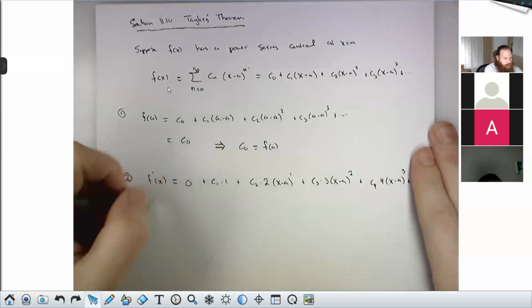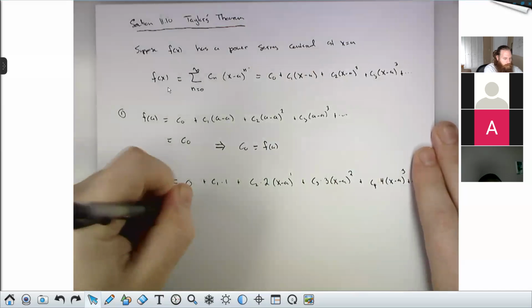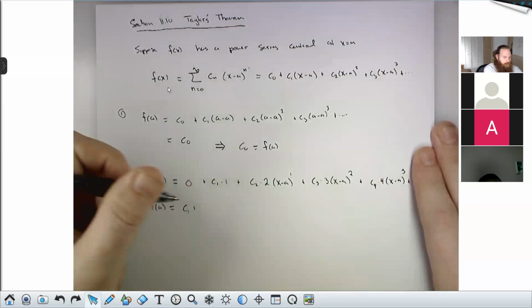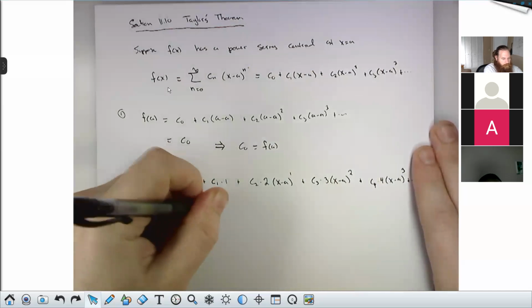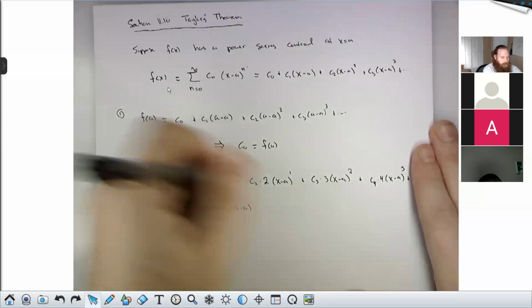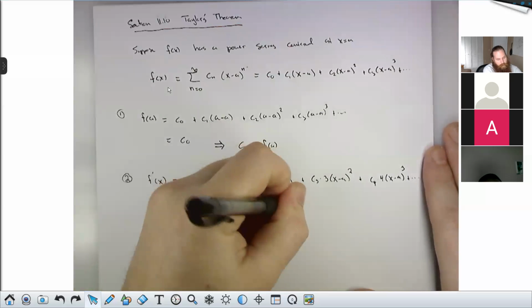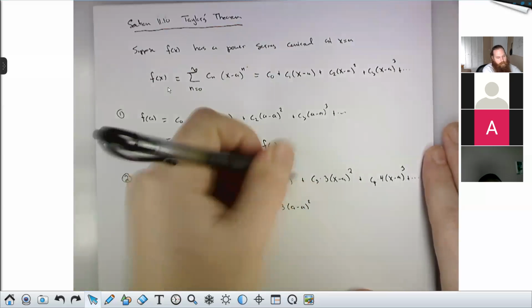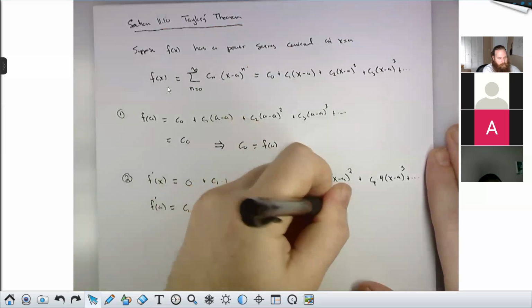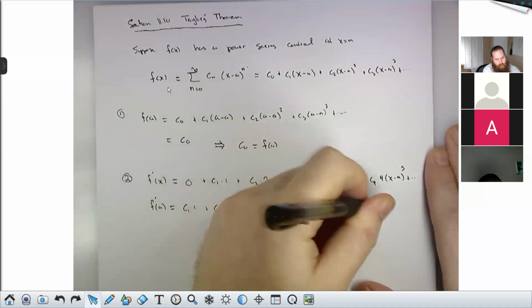And now we're going to plug the center in here. So f primed of a is C1 times 1 plus C2 times 2 times a minus a plus C3 times 3 times a minus a squared plus C4 times 4 times a minus a cubed, and so on.